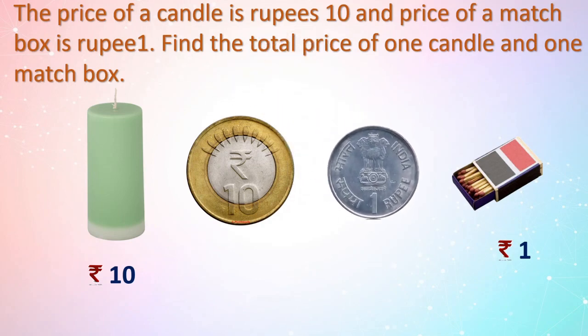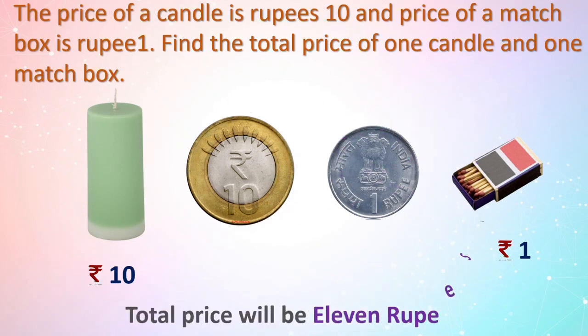So 1 rupee coin. 10 plus 1 is, yes, very nice, 11. Correct? So total price will be 11 rupees. That girl is going to give 11 rupees to the shopkeeper after purchasing one candle and one matchbox. Right?